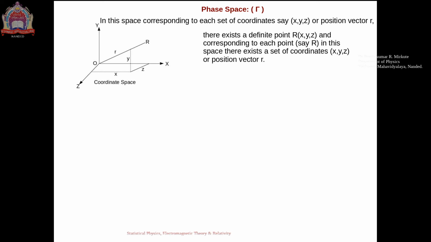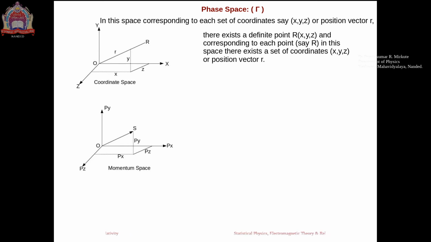Imagine that a space is represented by six axes x, y, z, px, py, and pz, and a point in this space has coordinates x, y, z, px, py, pz. Thus, a point in such a space represents position as well as momentum and is called phase space.